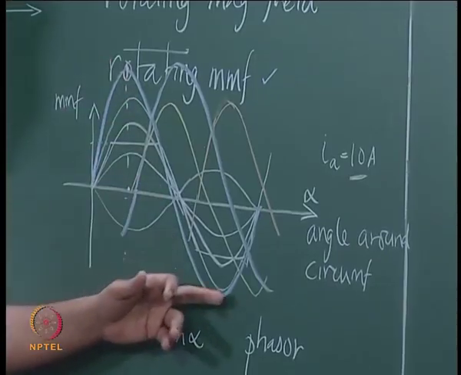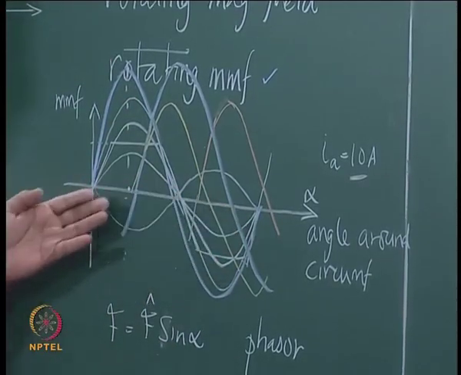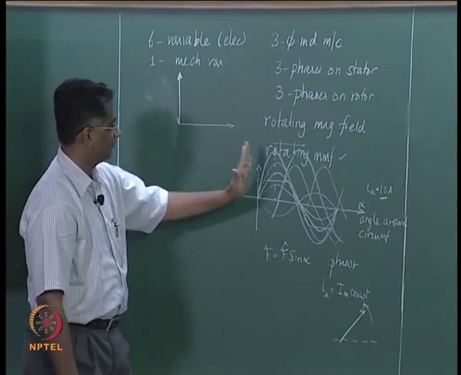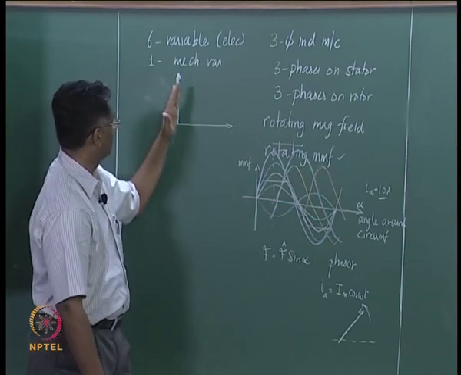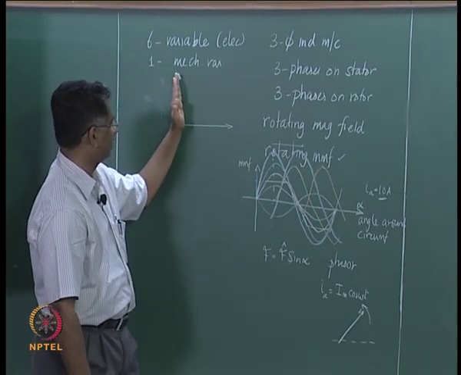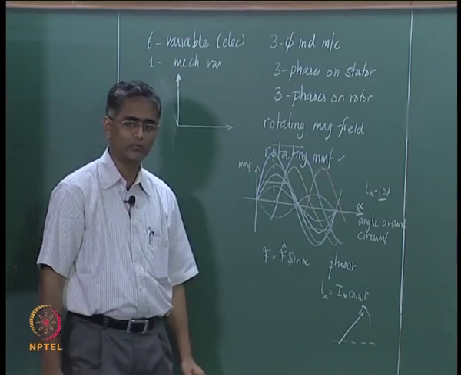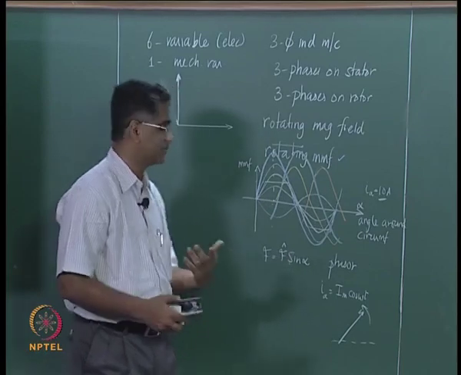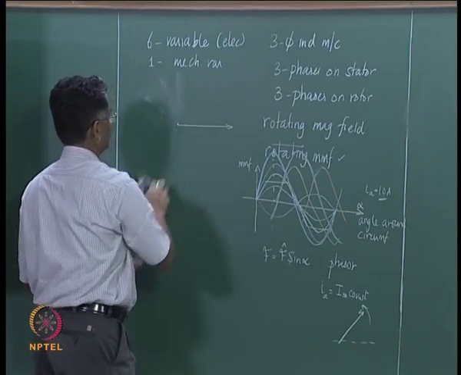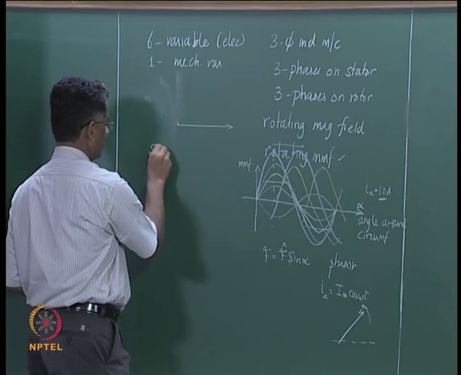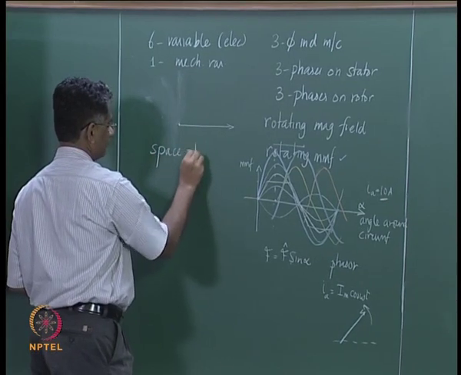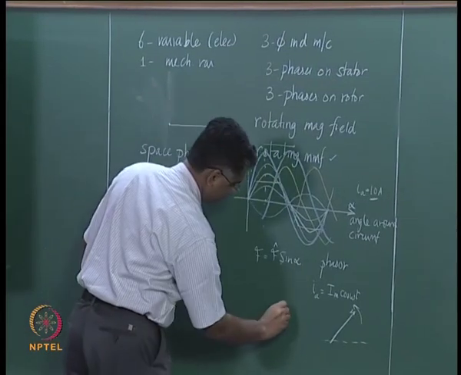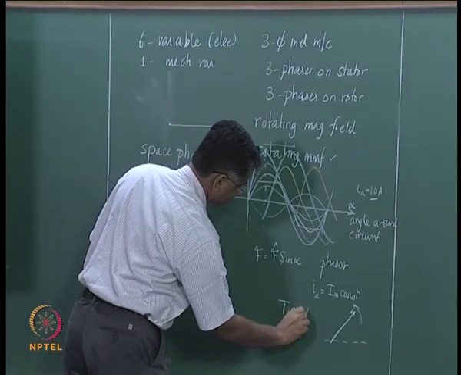You have a sinusoidally distributed entity here which is the MMF, and that MMF we find is rotating in space, and therefore if you represent it by an arrow, that arrow is really rotating in space, and therefore we can describe this also by a phasor, and this time this phasor is called a space phasor, as opposed to these variables which are then called time phasors.